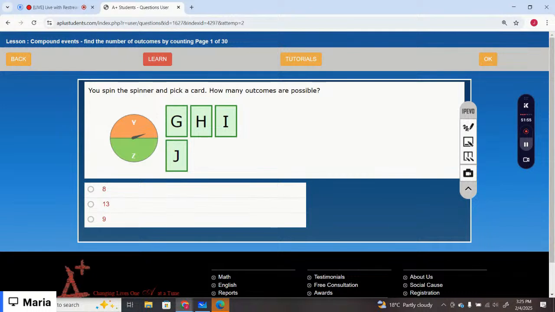You have to do 4 times 2, right? And 4 times 2 makes 8. So the total outcomes are 8. Option number 1 is the correct option. You have total 8 outcomes.